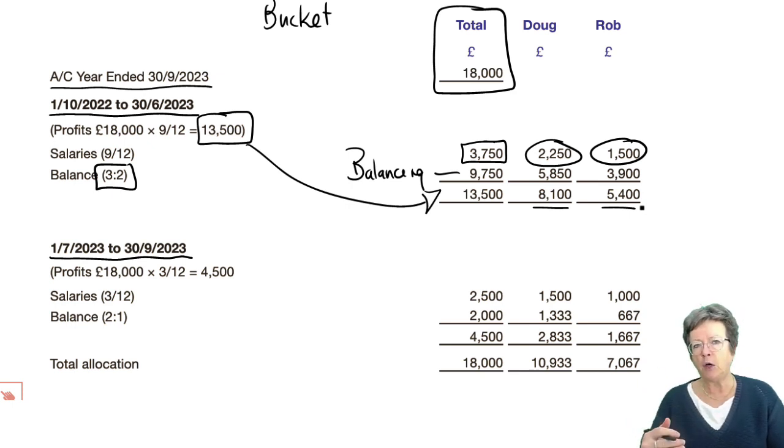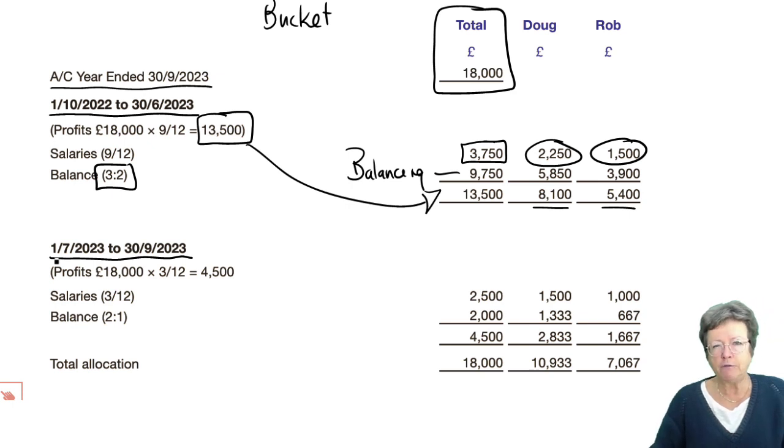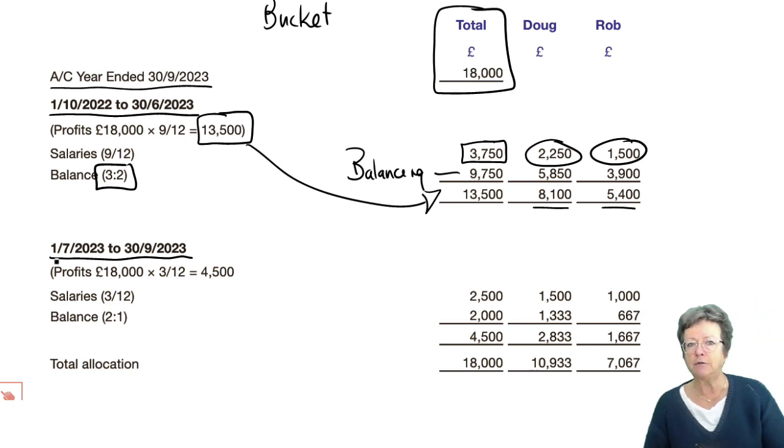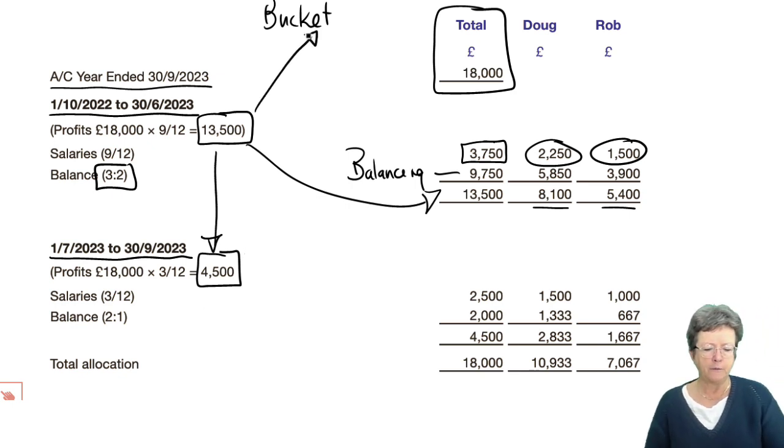But that's only part of the question. From the 1st of July, the profit sharing ratio changed, and so did the salaries. Now that's only a 3-month period, and that is the total, because those two add up to the 18,000. So we've only got £4,500 to allocate in that period of time.